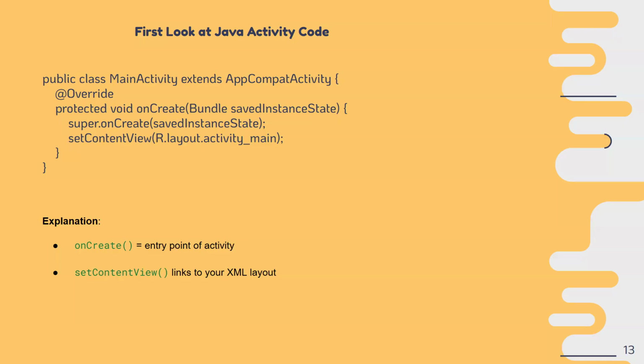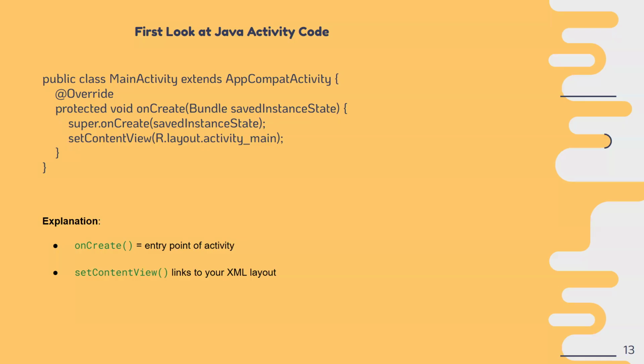So if you open your layouts, you have an XML file, open that file, activity_main.xml. So inside that you have activity main. So what you are telling is show the entire content, whatever you have in the layout, onto the screen.